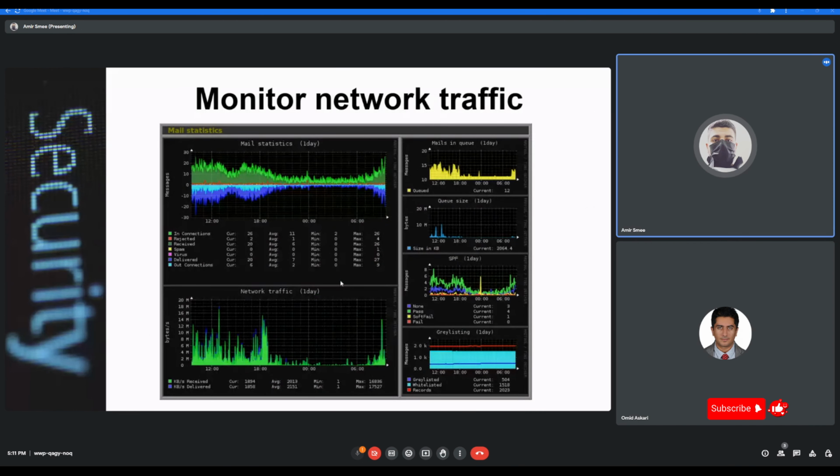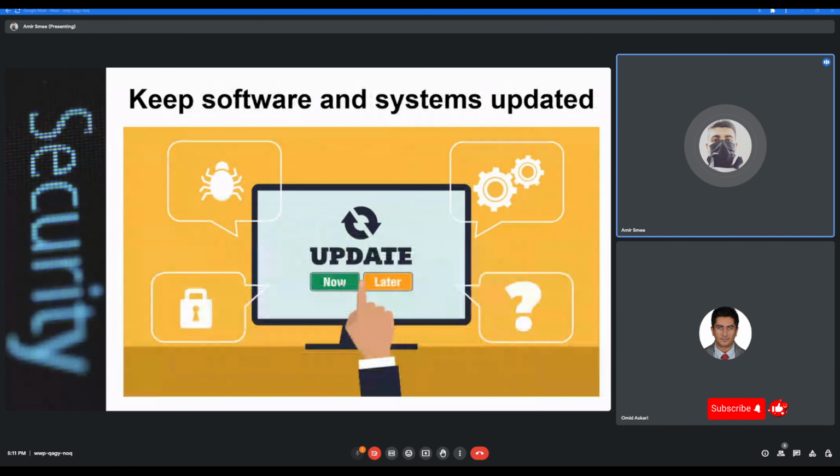Monitor network traffic. Regularly monitor network traffic for any signs of IP spoofing and take action to block or mitigate any suspicious activity. Keep software and systems updated.